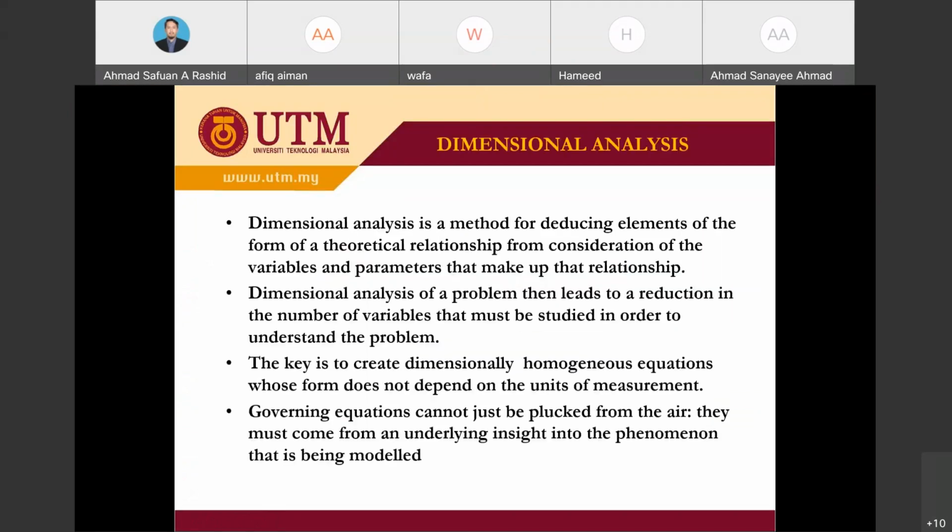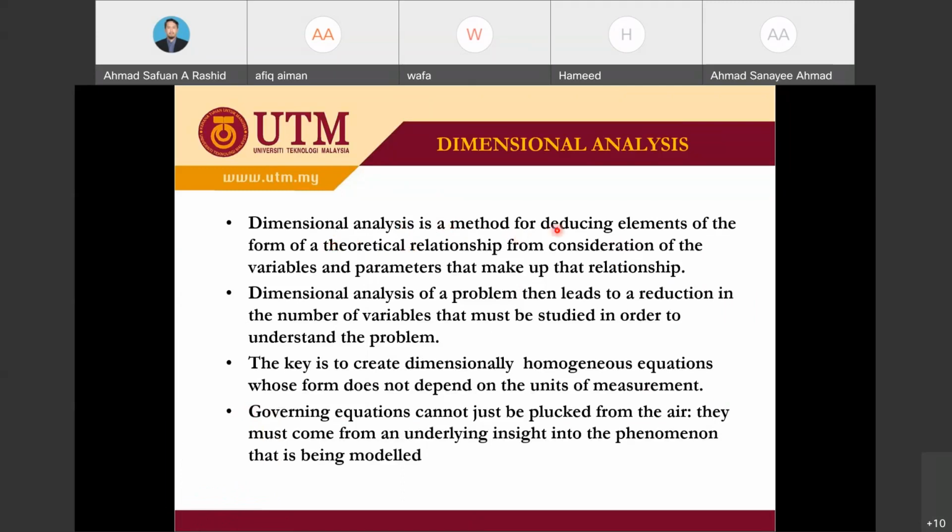So we look at the introduction part. Dimensional analysis is a method to deduce elements of the form of a theoretical relationship from considerations of the variables and parameters that make up that relationship. So actually it is based on a theoretical relationship.